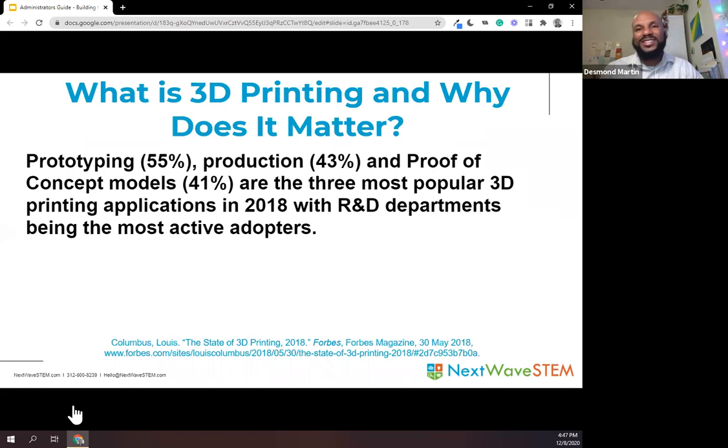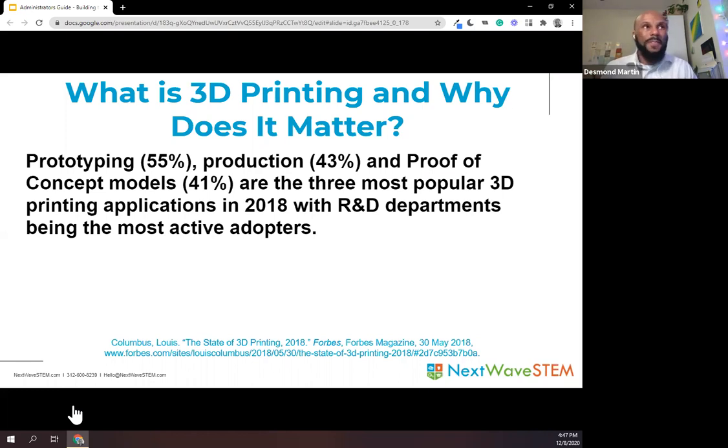So it's incredible to imagine that 40% of the things that are in our homes, in our schools, in our places of business, in our places of worship, all these things around us have been produced at some point during this process, actually integrating 3D printing technology. We hear all the time that 3D printing is going to change the future of manufacturing, but we don't even quite oftentimes know the ways in which 3D printing is changing our present.